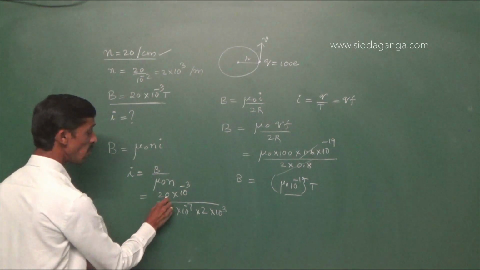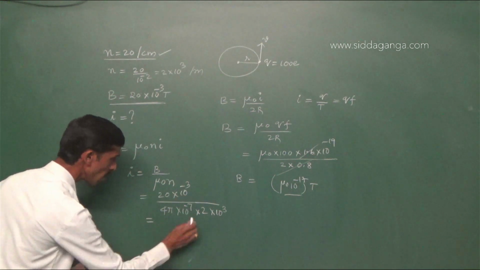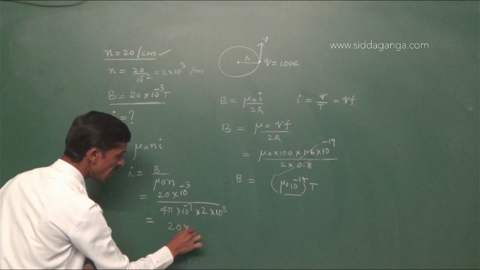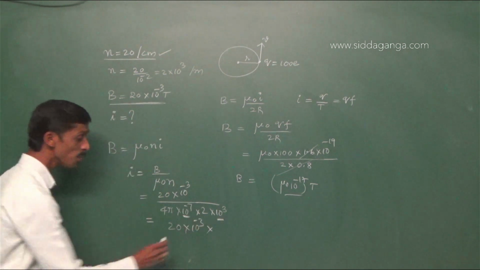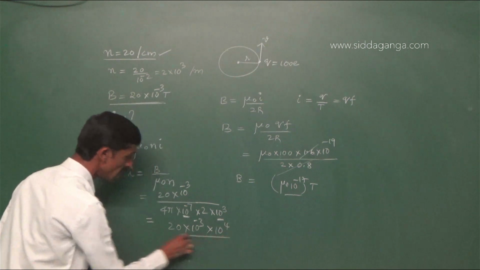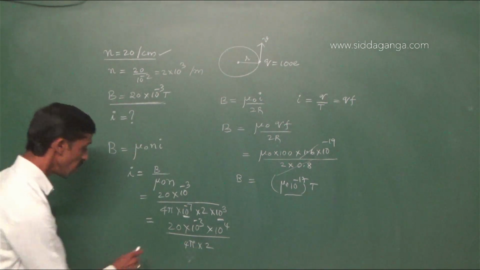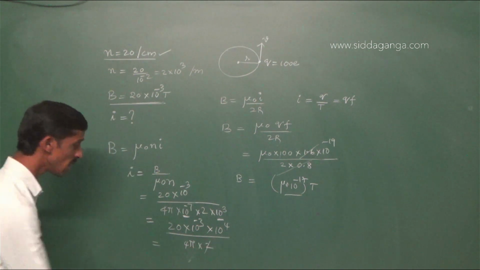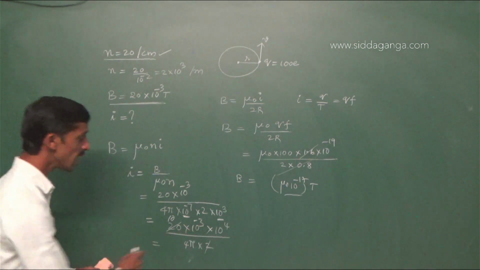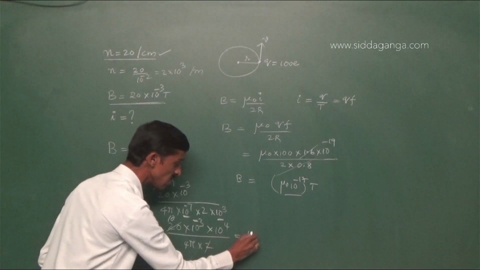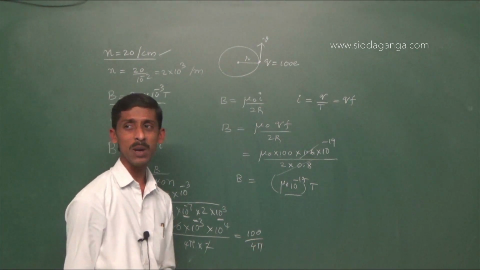So I is equal to 20 into 10 to the power of minus 3, divided by 4 pi into 10 to the power of minus 7 into 2 into 10 to the power of 3. That simplifies to 10 to the power of 5 into 10 to the power of minus 3, which is 10 squared, 100, divided by 4 pi. 4 pi is nothing but 12.5.